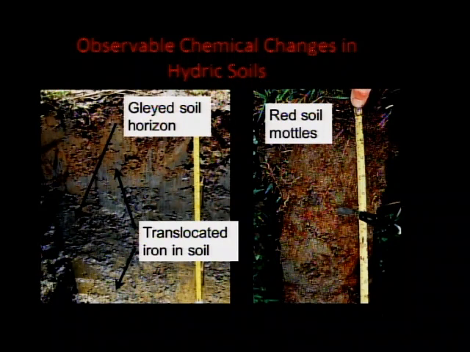Of these, the most common chemical reactions involve iron compounds, which result in soils that are gray to greenish or bluish gray in color or streaked with shades of gray, referred to as gleyed soils. Under saturated conditions, iron compounds become soluble and can be translocated in the soil, as is observed here.